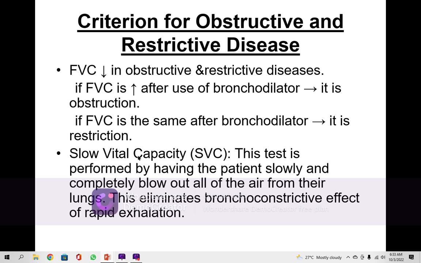The slow vital capacity is performed by having the patient slowly and completely blow all the air out of their lungs. This eliminates the bronchoconstrictive effect of rapid exhalation, since rapid exhalation will cause bronchoconstriction. That is why in difficult cases we do the slow vital capacity. If you breathe in and out repeatedly, at one point bronchospasm occurs.